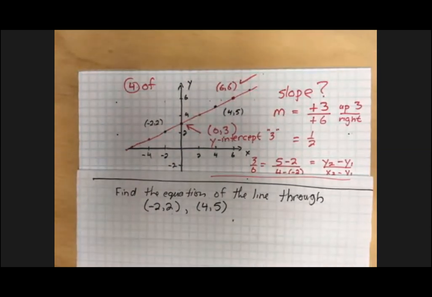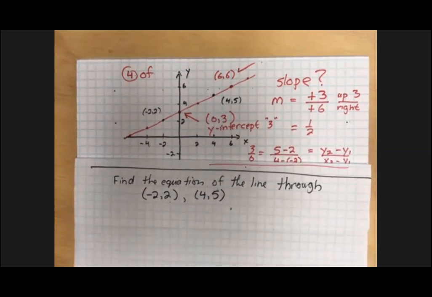Now, again, no one could stop you from drawing a picture. But what if they didn't give you a picture to work with? Could you do it without drawing a picture? And the answer is yes, you can.